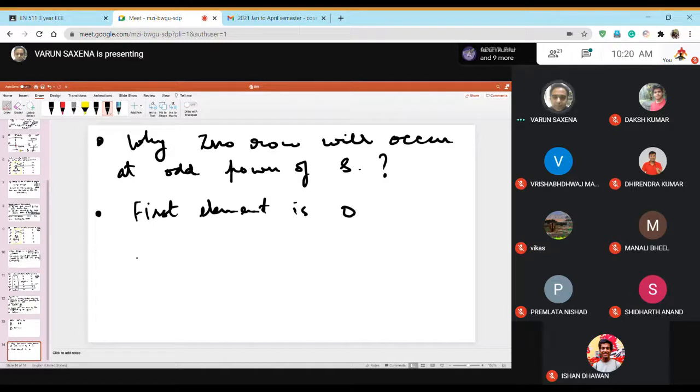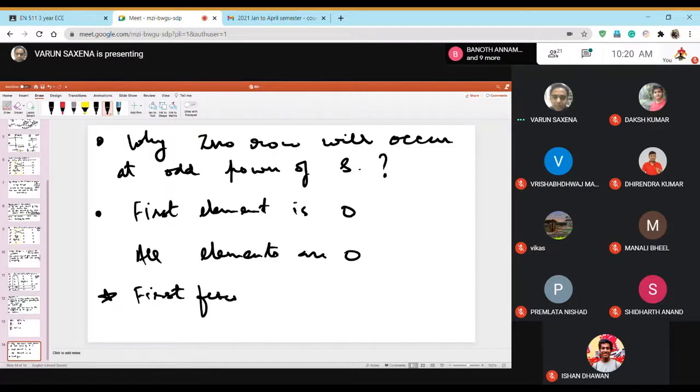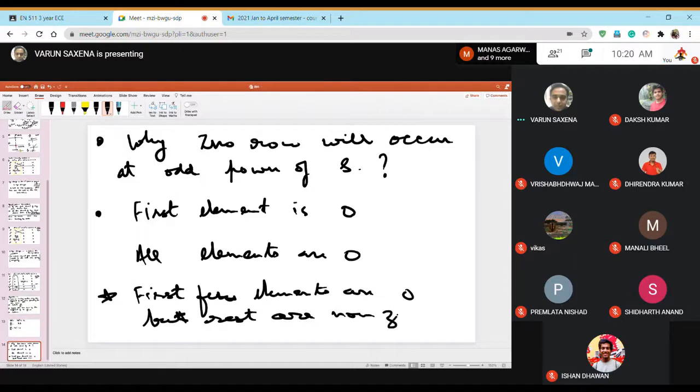We have studied the case when all elements are 0. There could also be a case where the first few elements are 0, but the rest are non-zero.